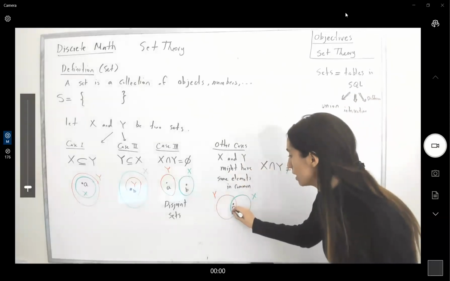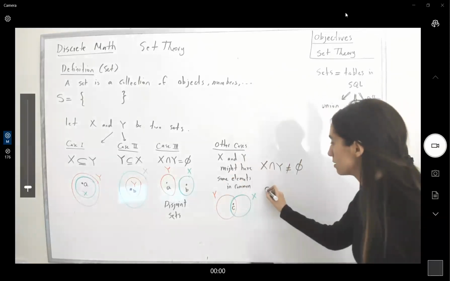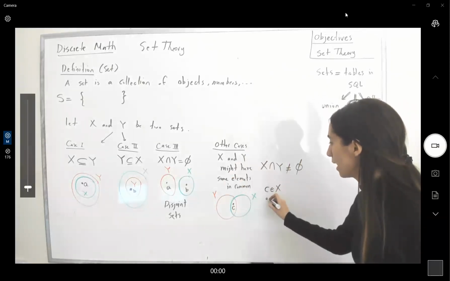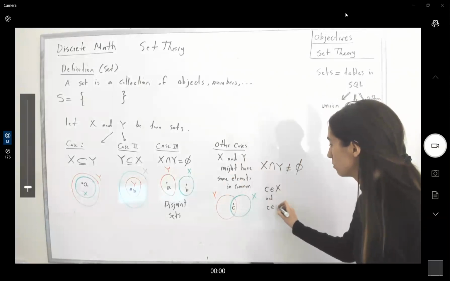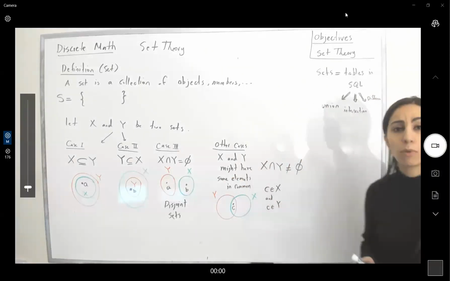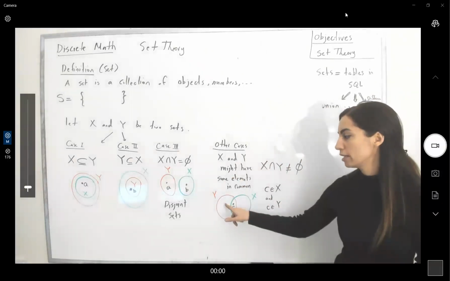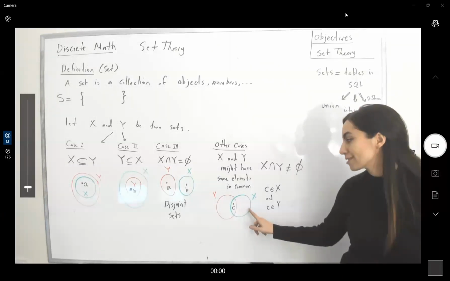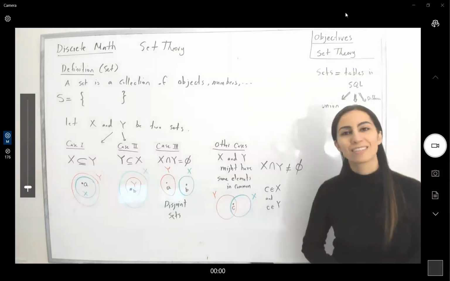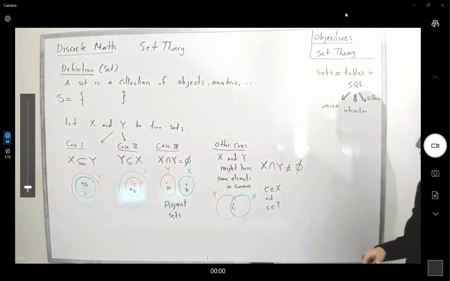So suppose you have an element like C. C belongs to X, and at the same time, C belongs to Y. But you might have some elements in Y that are not in X, and some elements in X that are not in Y.